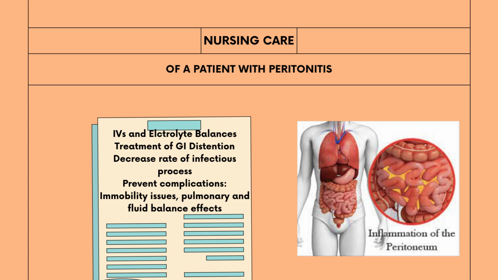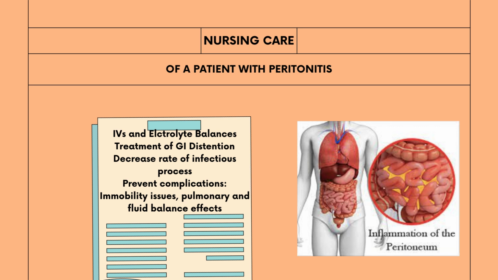Complications of peritonitis can include pressure injuries due to immobility issues from the pain in the abdomen, and more severely can include pulmonary and fluid balance effects. So this means a lot of times with peritonitis, we can give excess fluid.